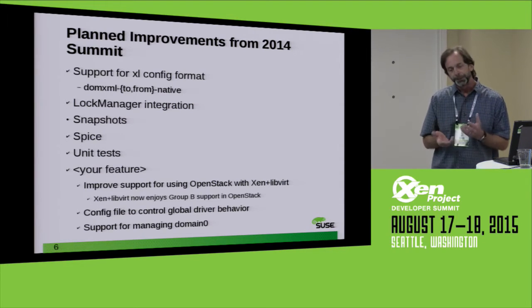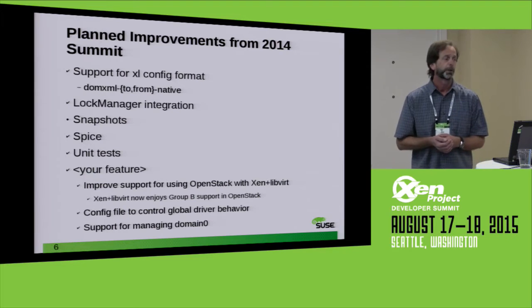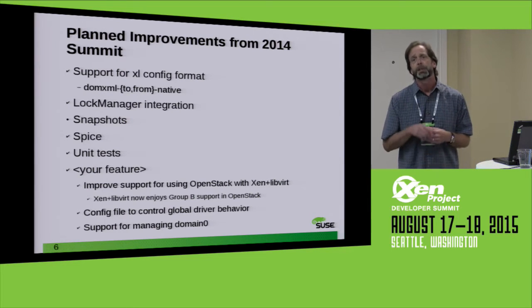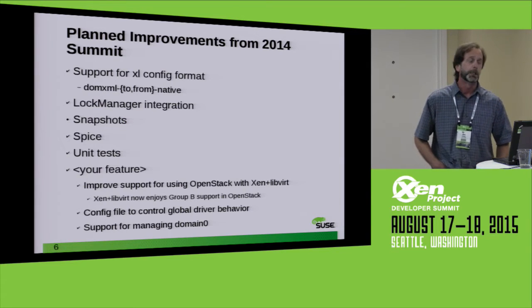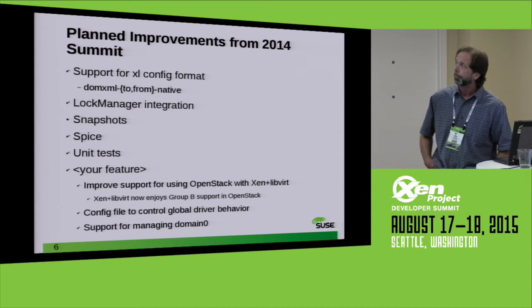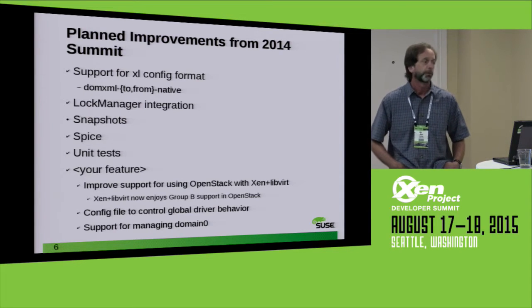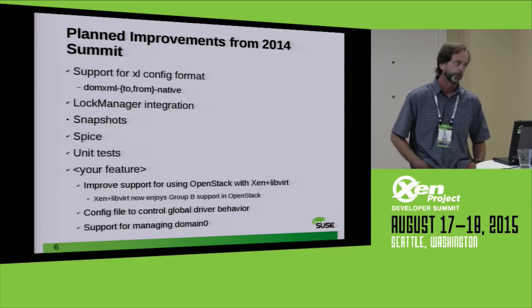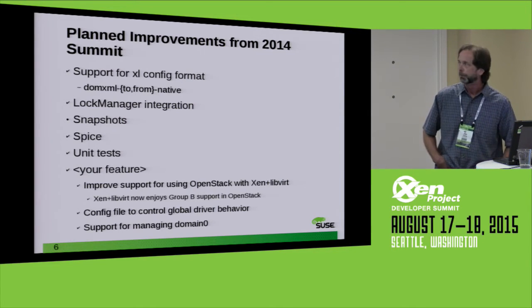So you can configure which lock manager you want to use. You enable this in the Libvirt Libxl driver, and then when you start VMs, it acquires a lock on this resource and prevents you from starting another VM, on that host or another host, that may want to acquire this resource for write purposes. So that's a really cool feature that we got done over the year.